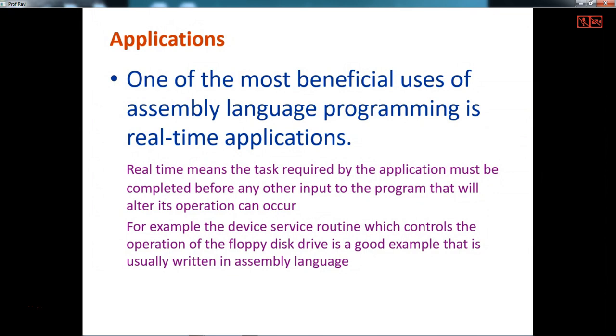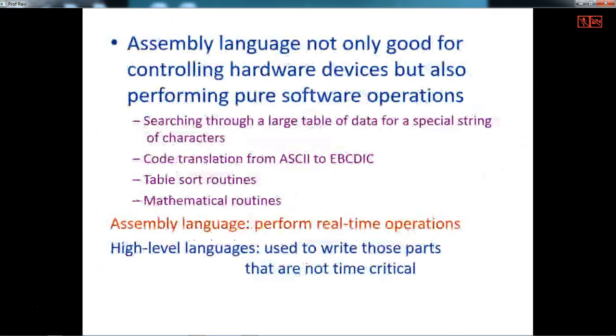Sometimes you can use a cross compiler too. That means you can use a high level language program and an assembly level language program written together, and you will be having a cross compiler.